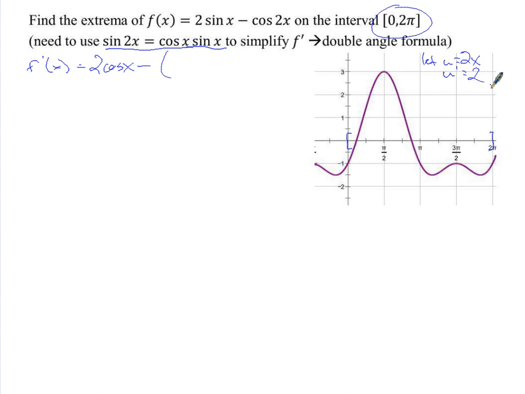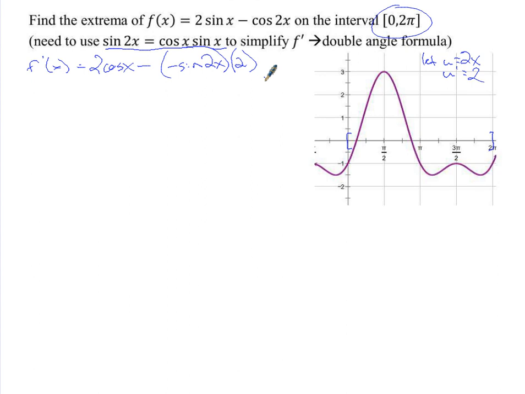Now we have cosine u. The derivative of cosine u is negative sine u times u prime. So that'll be negative sine u, which is 2x, times 2. Is that it?